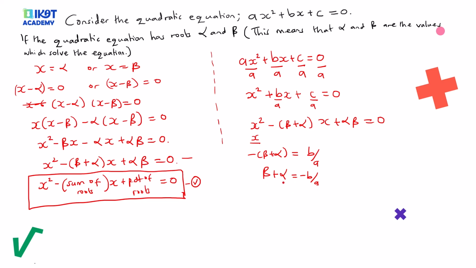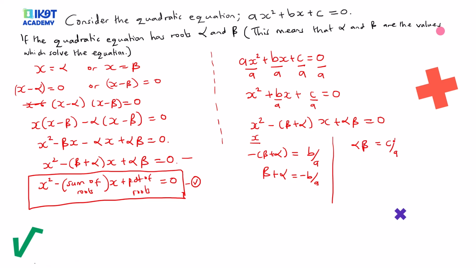Remember we said the roots of the quadratic equation are alpha and beta. So the sum of the roots will always be equal to negative b out of a. Then the product of the roots, by comparing coefficients, will always be c out of a.